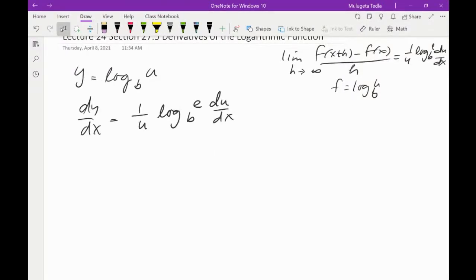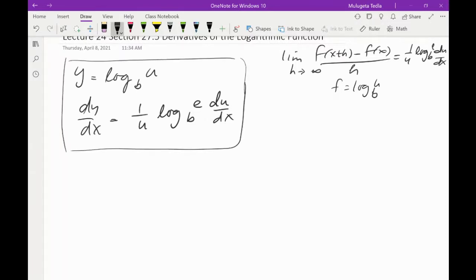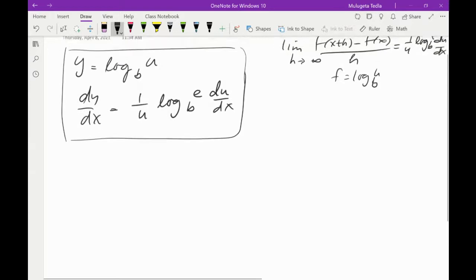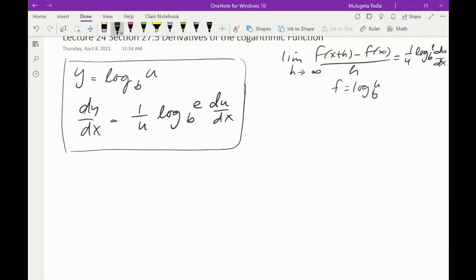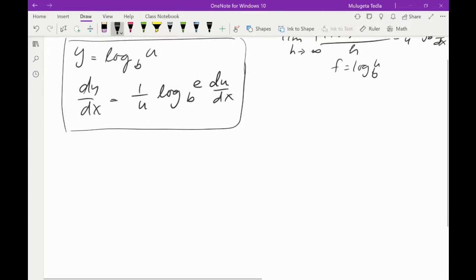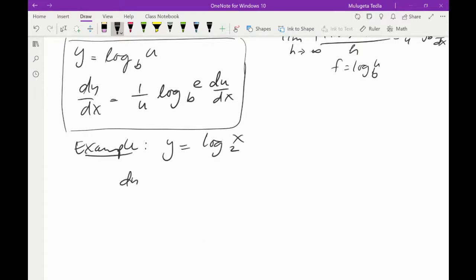We can learn the techniques. So this is one formula. You just have to really see what it is. Say for example, a simple example, if they give you y is equal to log of x to the base 2, what is the derivative?